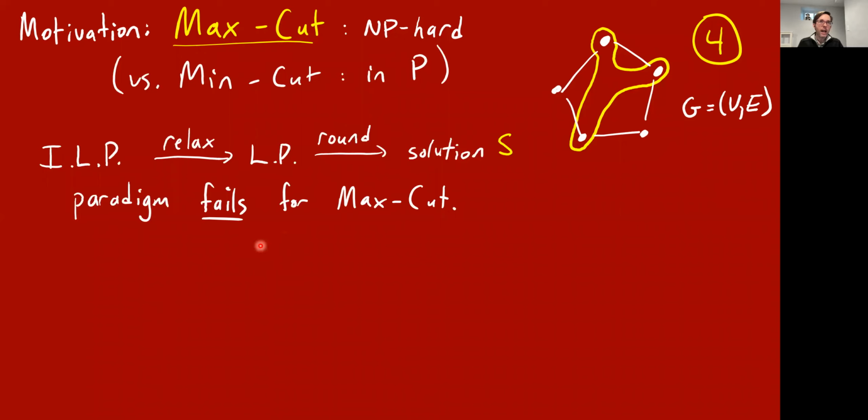And in fact, this paradigm fails really badly for maximum cut. So it's a great strategy in general facing an optimization problem: formulate an ILP, relax it to a linear program, but for max cut, it doesn't work well at all.